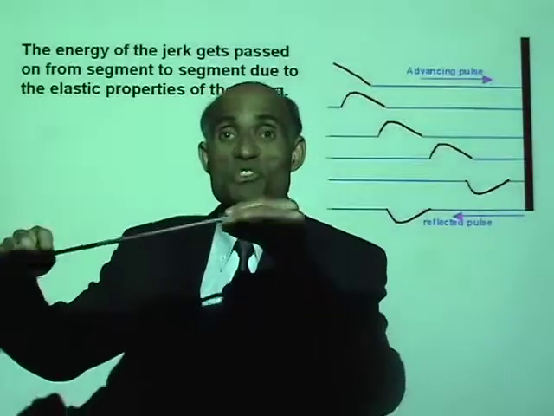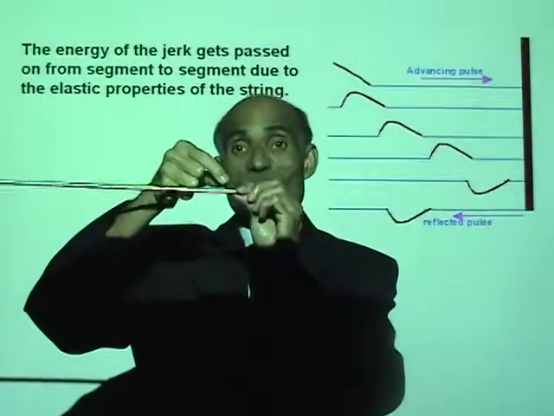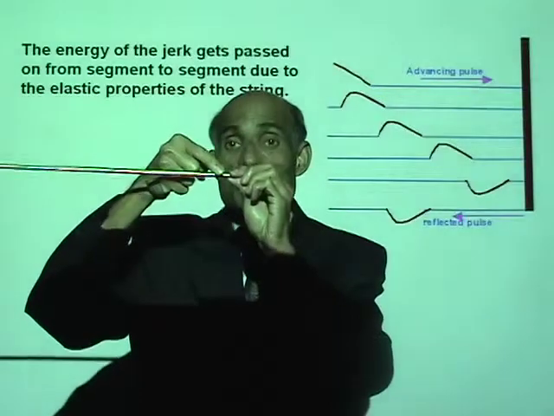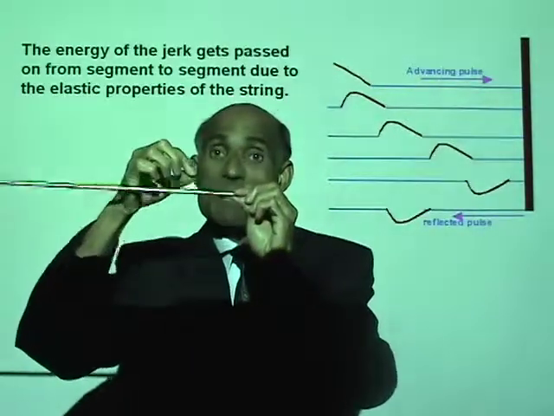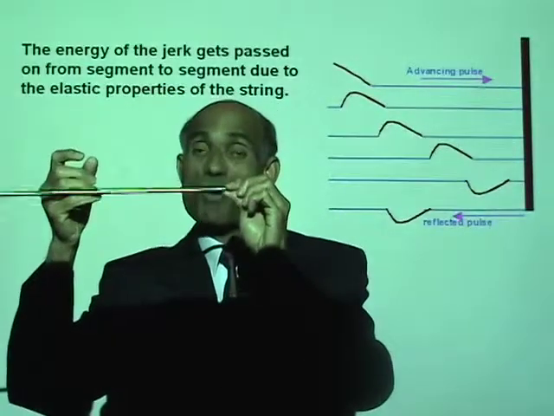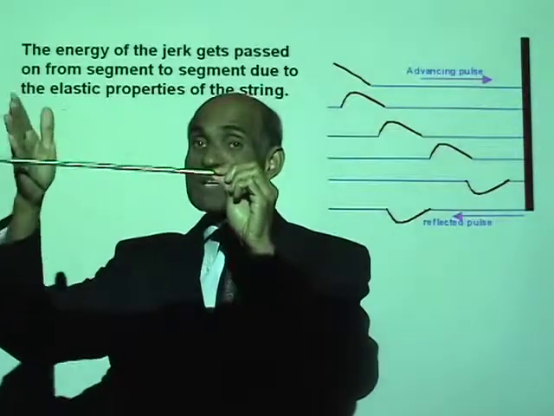Each segment is attached to the next one. So when you set one segment into vibration, that energy gets passed on to the next one. And when that begins to vibrate, the energy gets passed on to the third one. So the energy gets passed on from segment to segment.